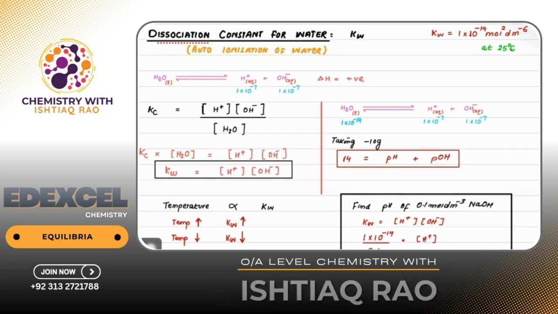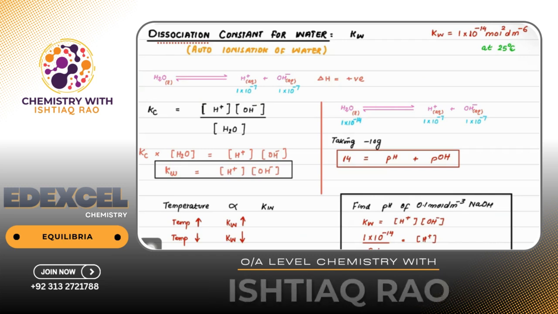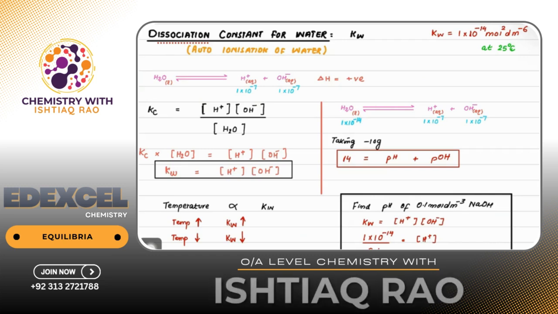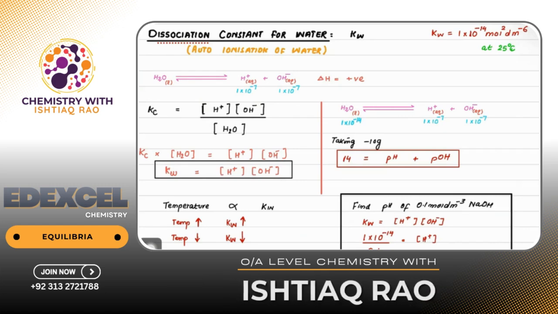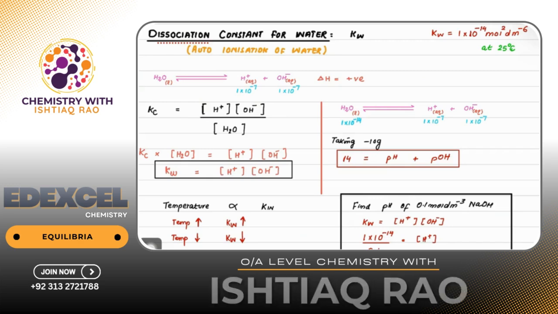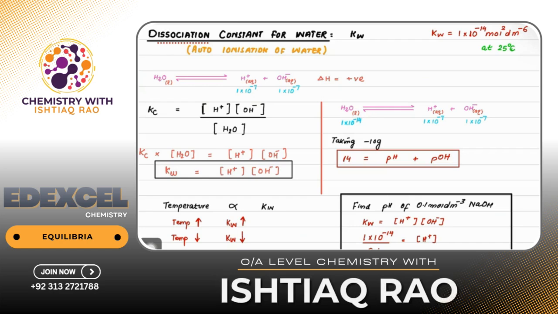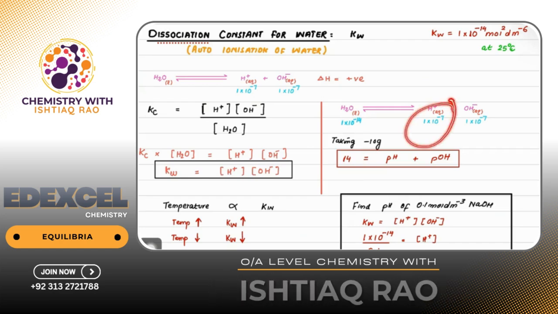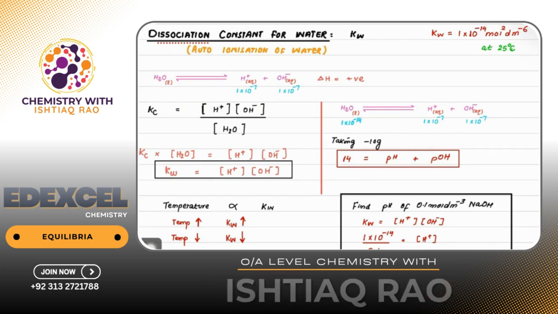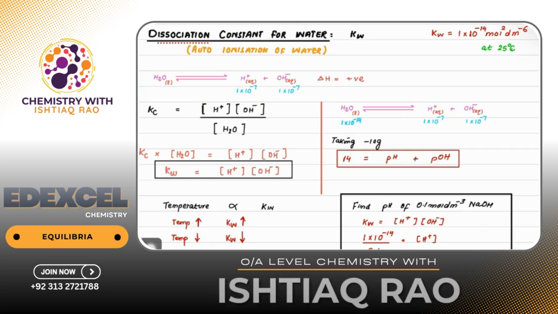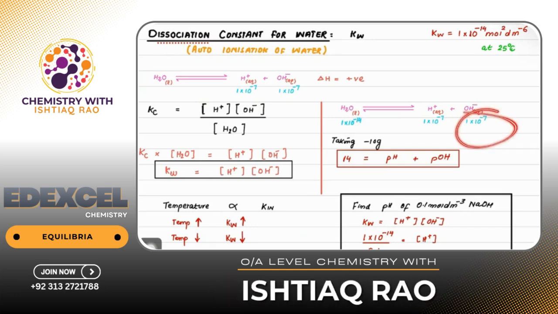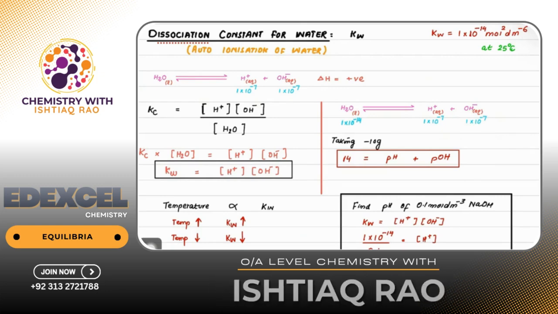Now, if you are thinking how much H positive ion and how much OH negative ion, the answer is that it's fixed. The concentration of H positive ion is 1 exponent minus 7, and the concentration of OH negative ion is also 1 exponent minus 7.